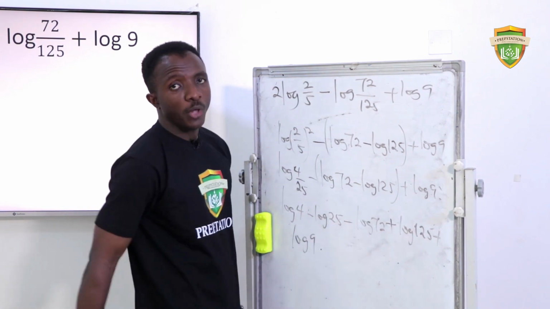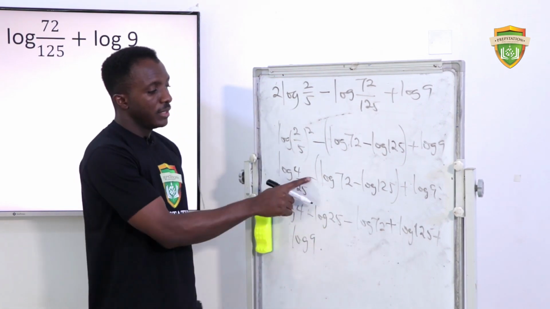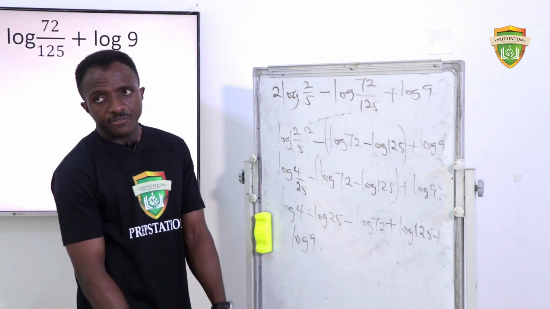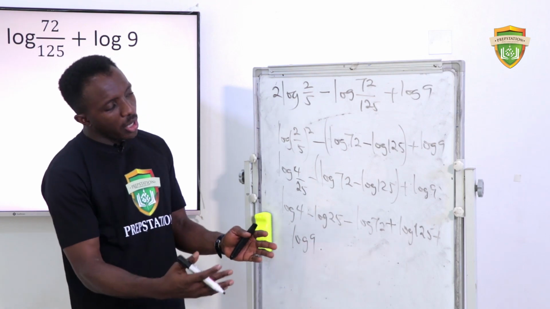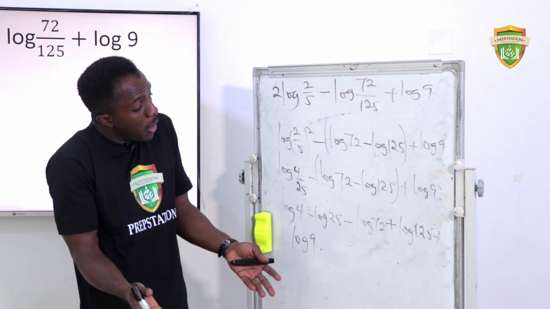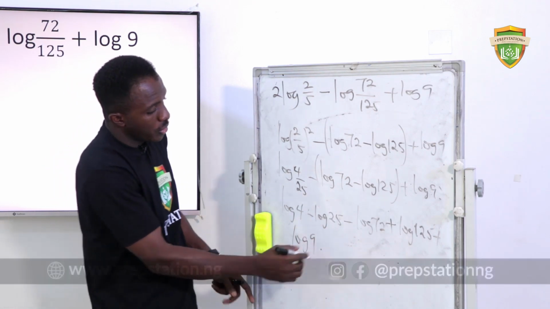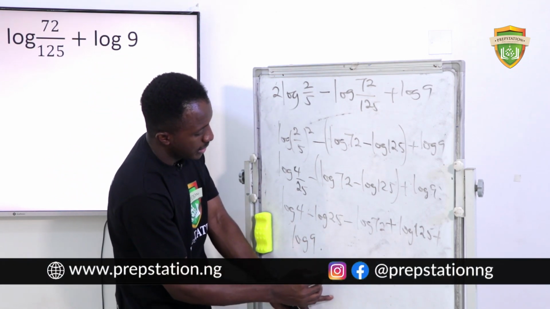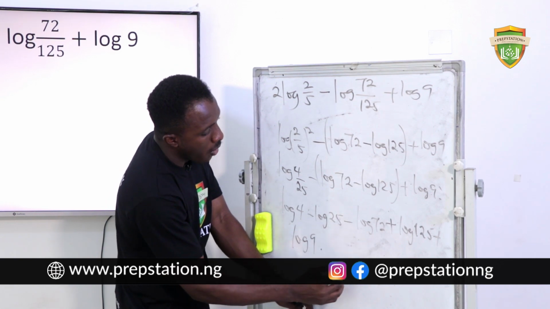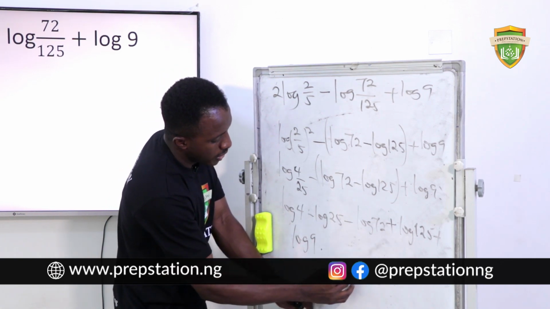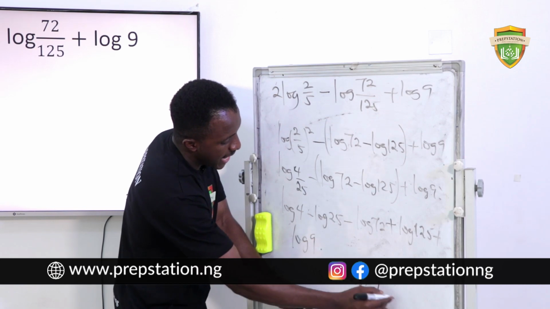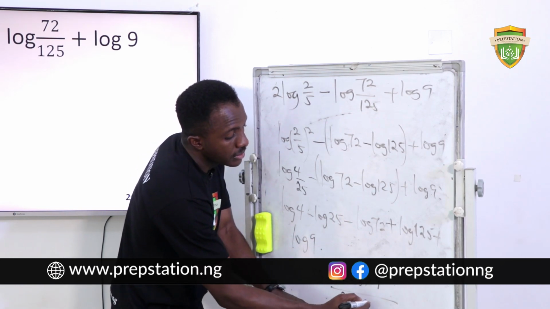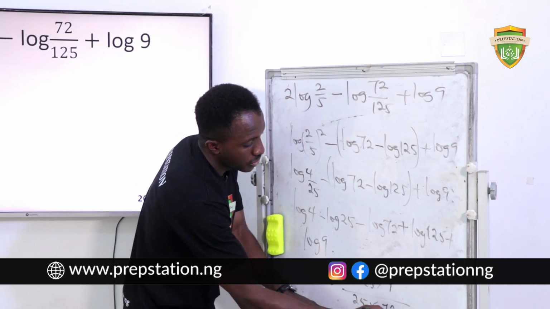This sign has changed to plus. Why did it change? Because the minus here has affected it. So we can deal with that. From our laws of logarithm, we deal with all the plus, and then you have the minus here. So this is log 4 times 125 times 9, all over 25 times 72.